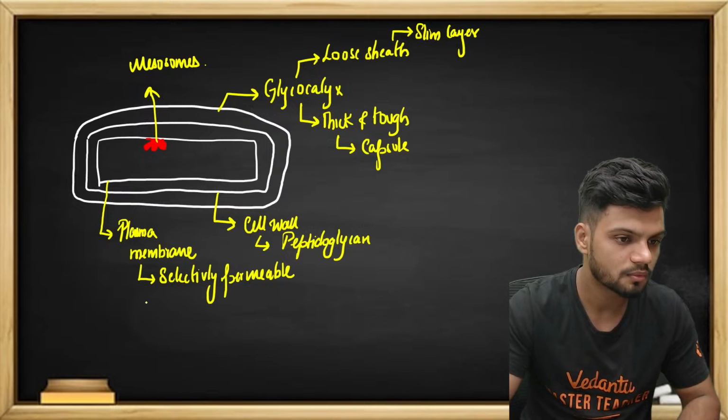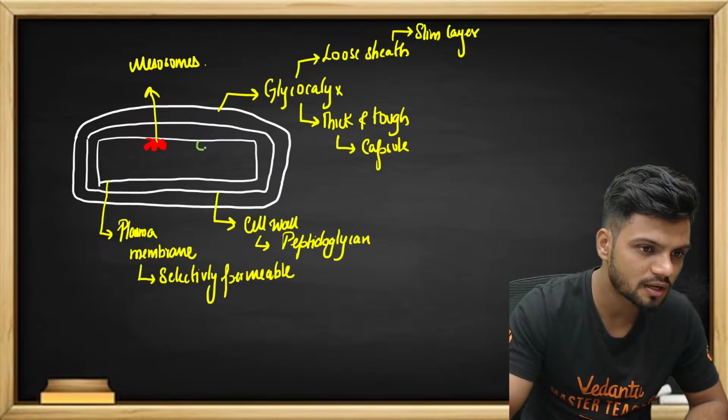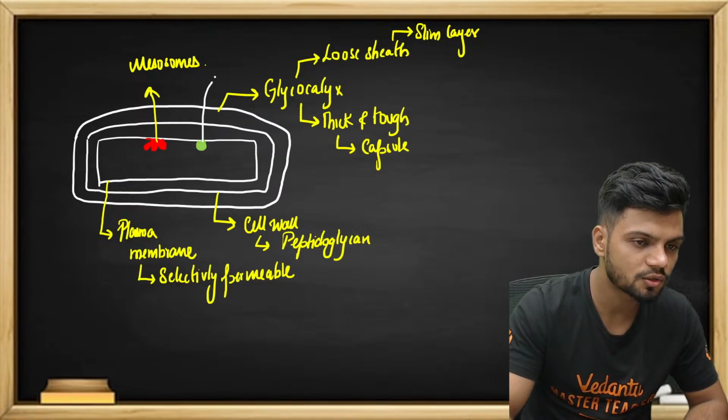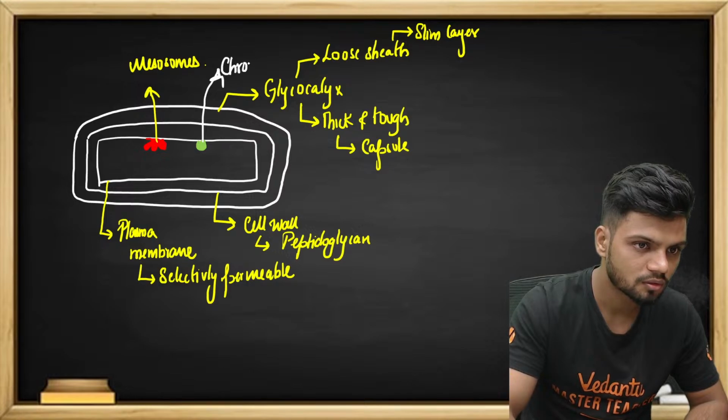Then students, there can be certain types of mesosomes which can hold some pigment, like chlorophyll. Such structures which can hold pigment are called chromatophores.